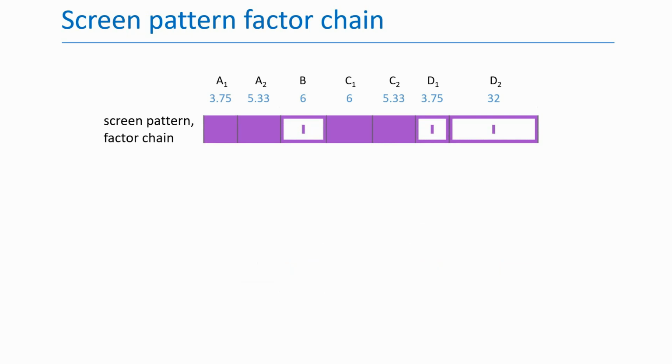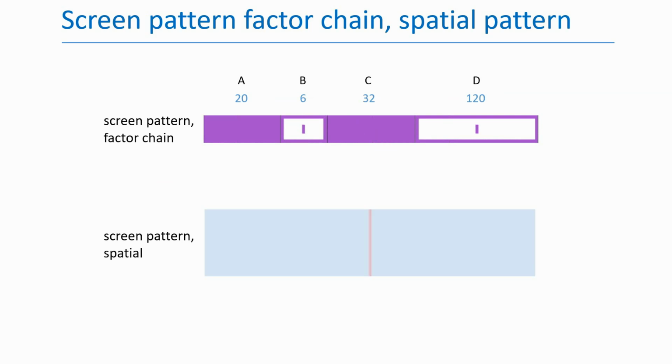We have the screen pattern as a factor chain, but we still want to convert it into a spatial pattern. The chain contains adjacent factors of the same type, so we merge them into just 4 factors with the types plenary, singular, plenary, singular. And that chain is the input to a plotting function which gives us this spatial pattern.